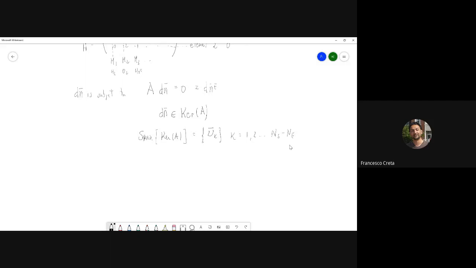Let's recap again. If dn is within the kernel of A, then we can express dn very simply as a linear combination of these basis vectors. So, for example, the sum over k from 1 to NS minus NE of nu k times some d psi k, okay?